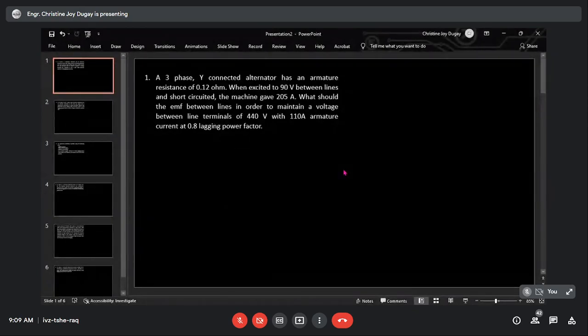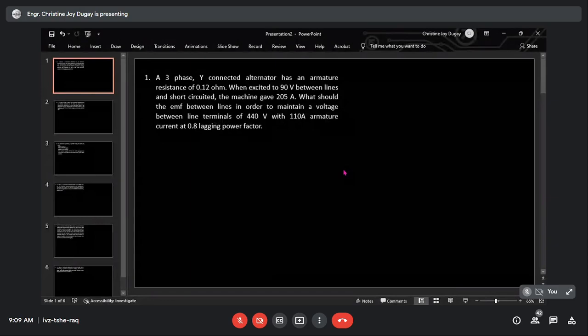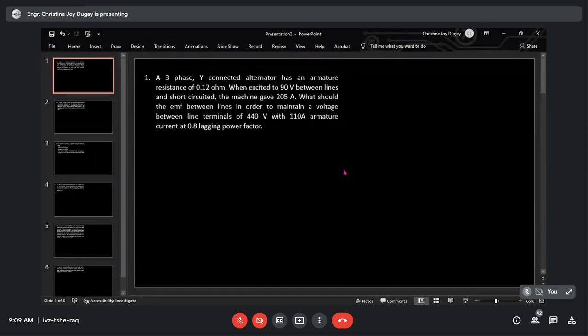A three-phase Y-connected alternator has an armature resistance of 0.12 ohm. When excited to 90 volts between lines and short-circuited, the machine gave a current of 205 ampere.